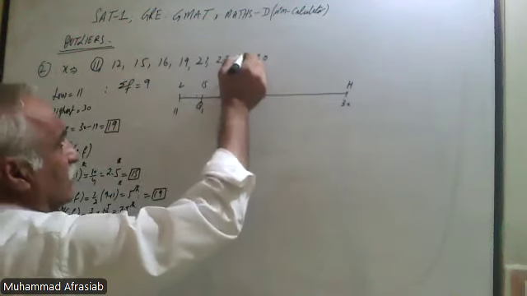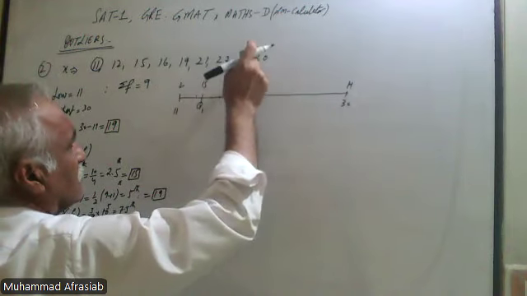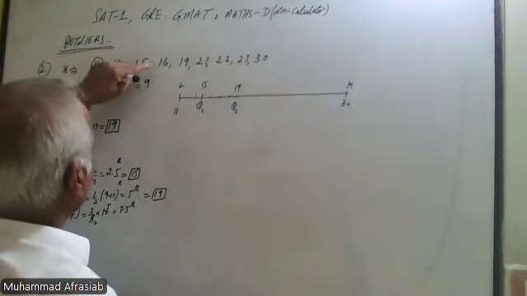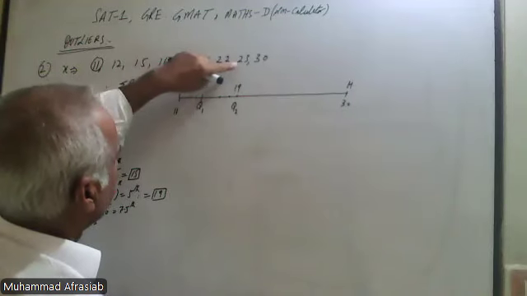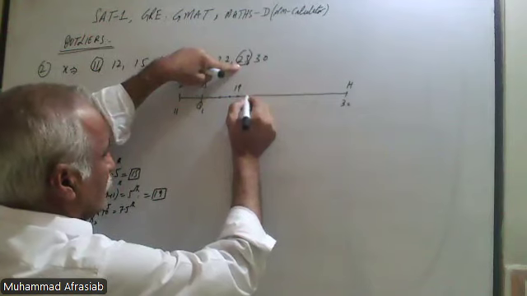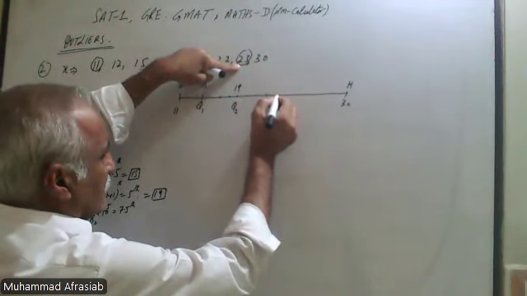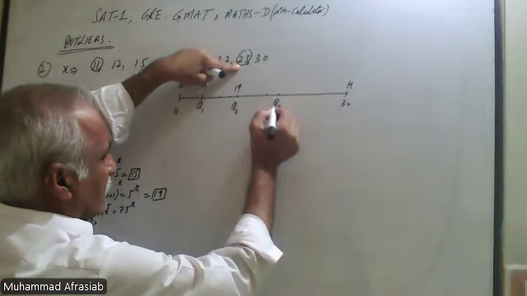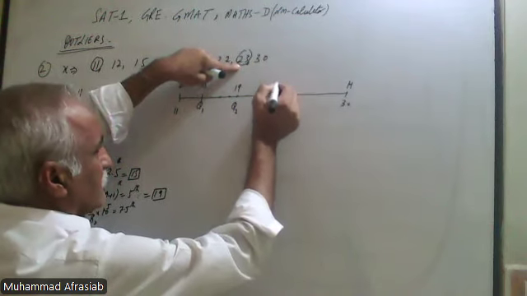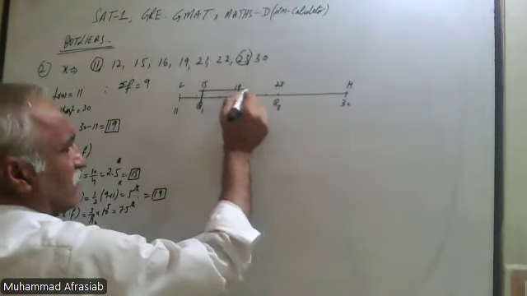So that is going to be 23. That is 21, 22, 23. That is the upper quartile.